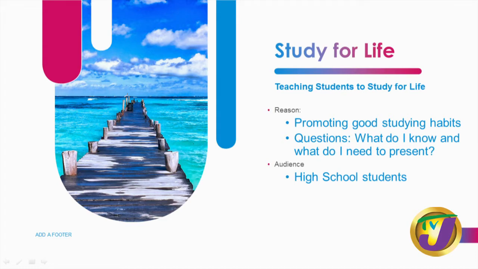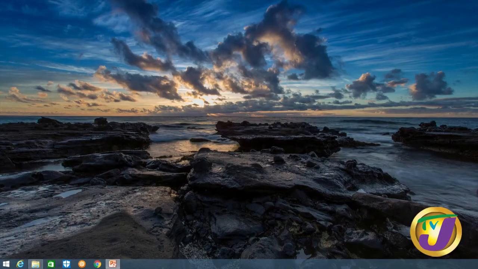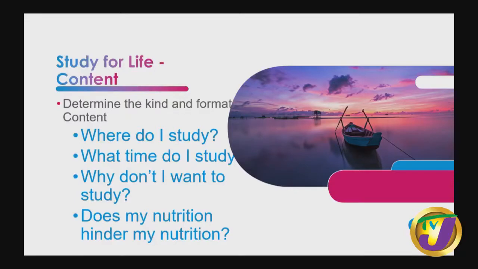Now I took the opportunity to do a small design, and in this design it's basically a Word document or Word documents. For CXC specifically, you don't necessarily need to do a lot of HTML at the CSEC level.